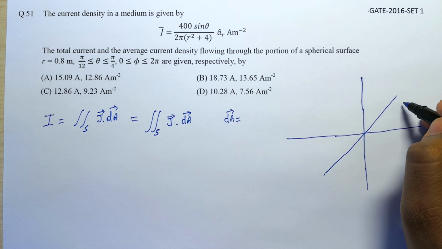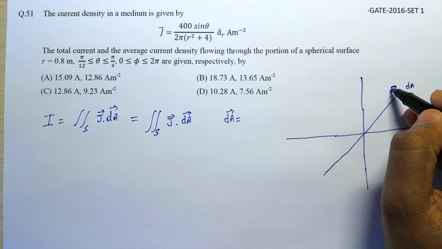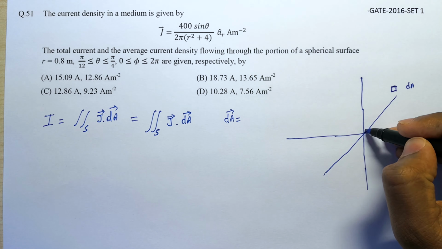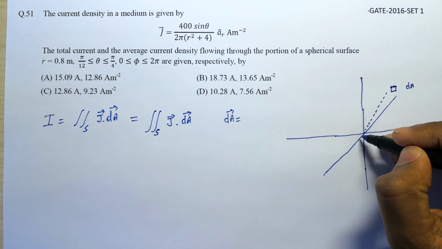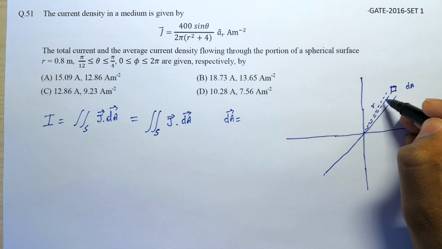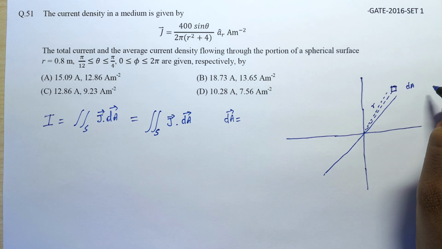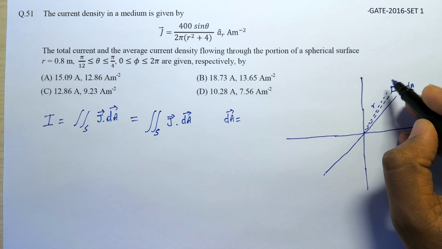So what we have here is an axis, and we have to find a small incremental area, which is dA, and this in the spherical coordinates can be given like this. So this is r, where r is the radius. Now we know that the height of this dA is given by r d theta, because the elevation angle is theta here.